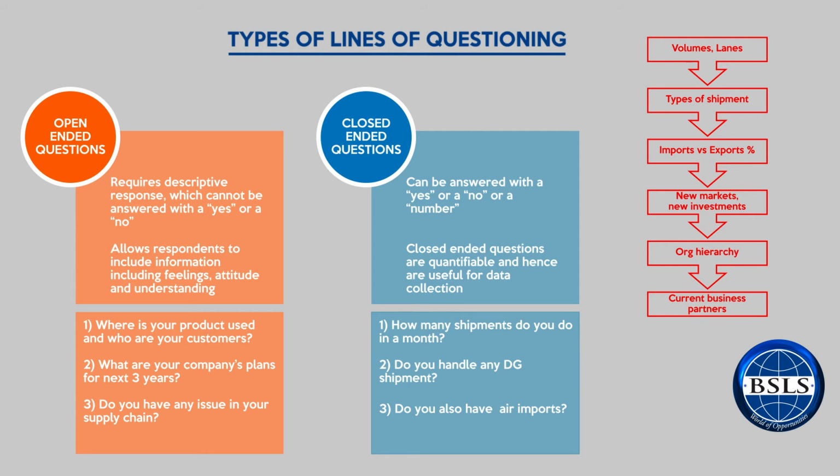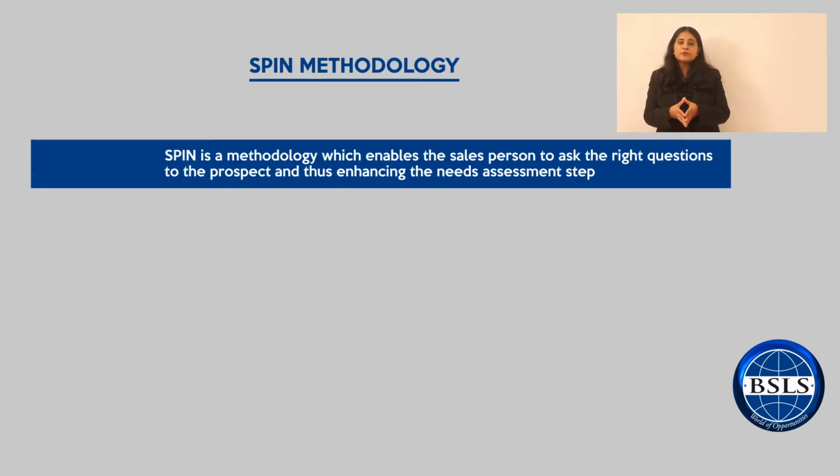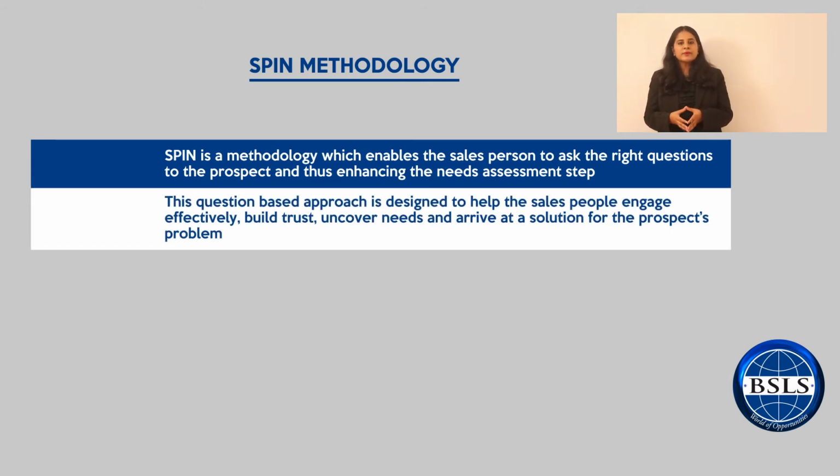Let us now look at the SPIN technique. SPIN is a methodology which enables the salesperson to ask the right questions to the prospect and therefore enhance the needs assessment step. The question-based approach is designed to help the salespeople engage effectively, build fruitful conversation, uncover needs, also build trust, and arrive at a solution for the prospect's problem.